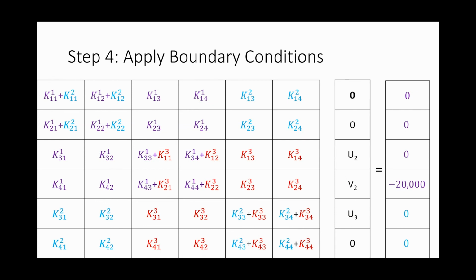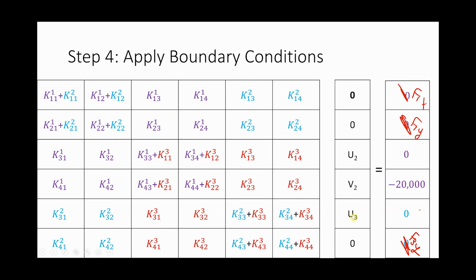So again, we're going to apply our boundary conditions. These aren't 0. These are unknown. This one is 0, as is F3x. We know our displacements are 0 because they're fixed.